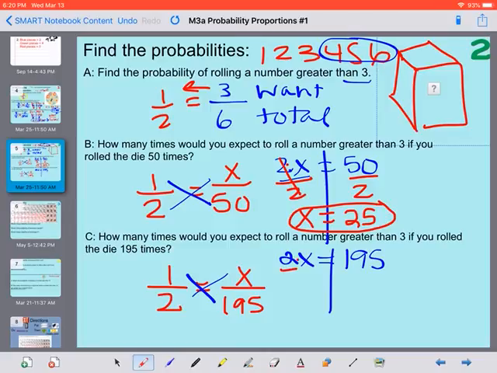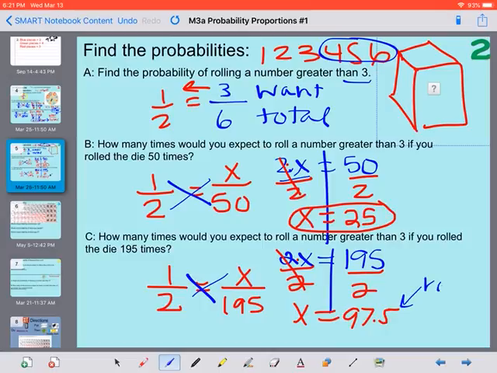And then the opposite of multiplying is dividing. 195 divided by 2 gives us 97.5. Now you can't roll a dice half a time, so you need to round it up. 5 or higher goes up, so it really will land on a number greater than 3 98 times.